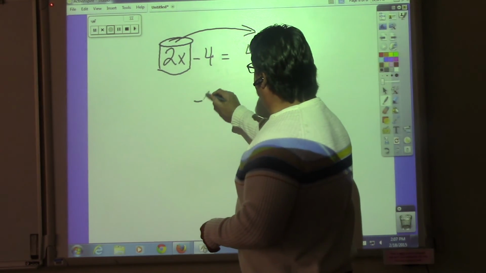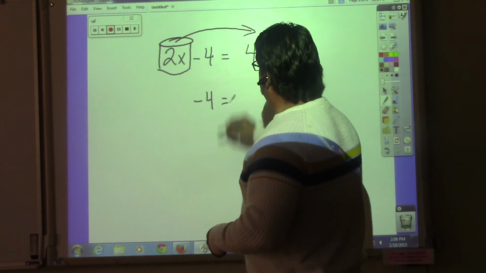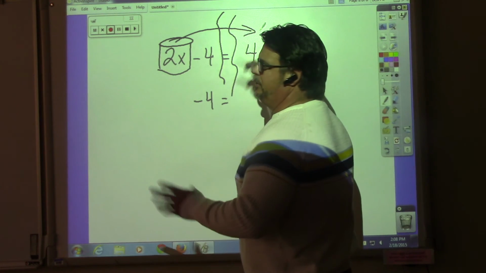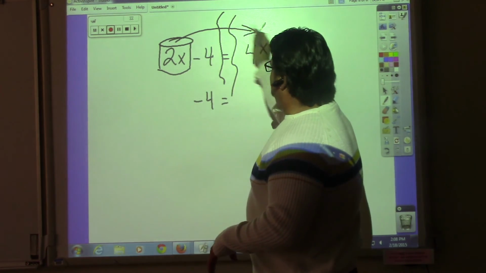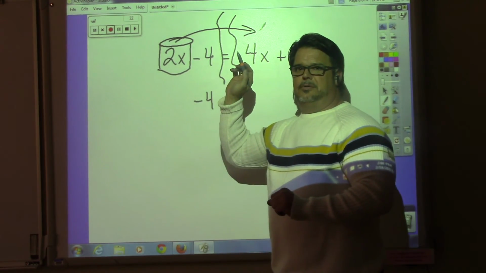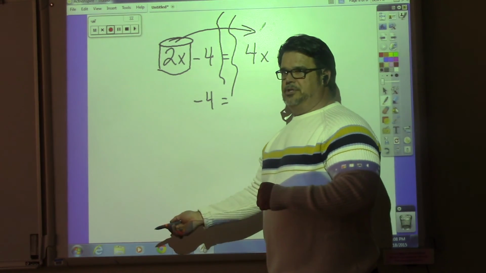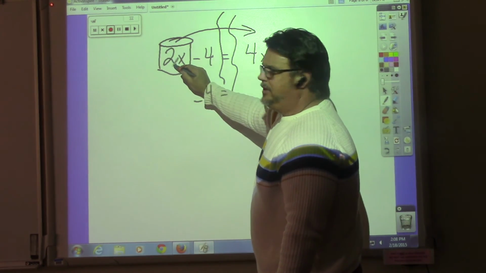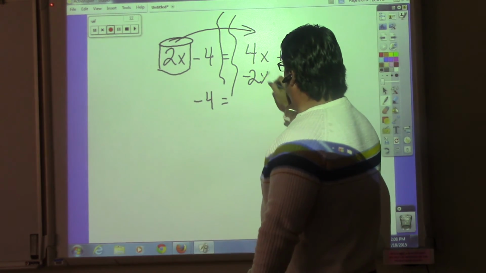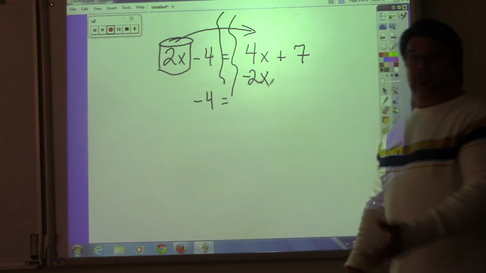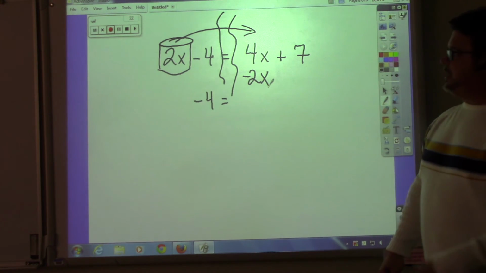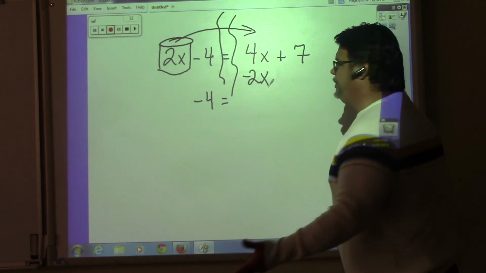So, -4 is equal to, let's say this is the River Jordan. Cross over the Nile River, you're crossing over into another world, aren't you? And the opposite of this is that. Now, that's one way you can remember, or another way is the theory of equality. If you want to get rid of a positive 2x, what do you do?